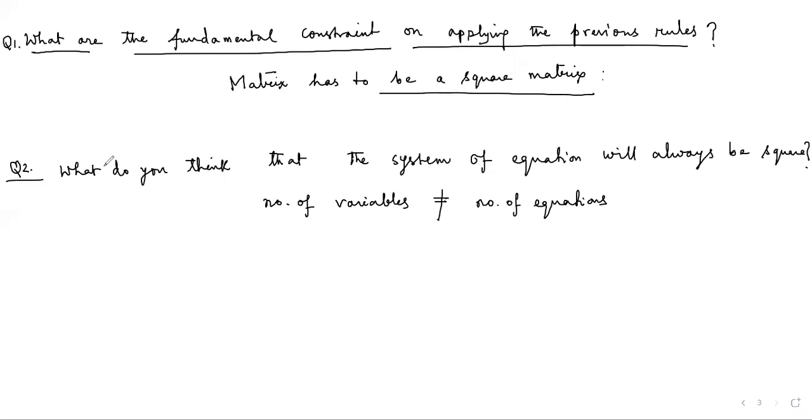In some cases, the number of variables is greater than the number of equations. In other cases, the number of variables is less than or equal to the number of equations. Now, my third question is, if we have scenario 2 represented by question 2, how can we deal with the system?